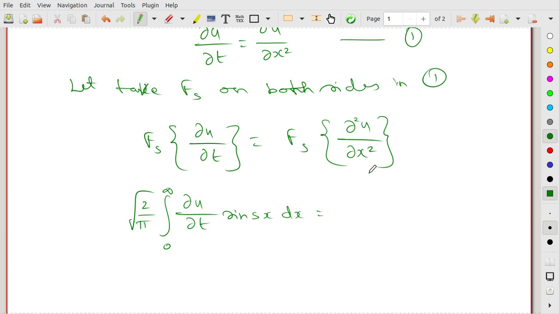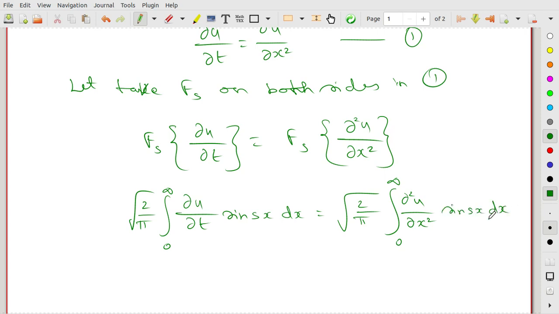and on this side we have root 2 by pi integral zero to infinity dou square u by dou x square sine sx dx.